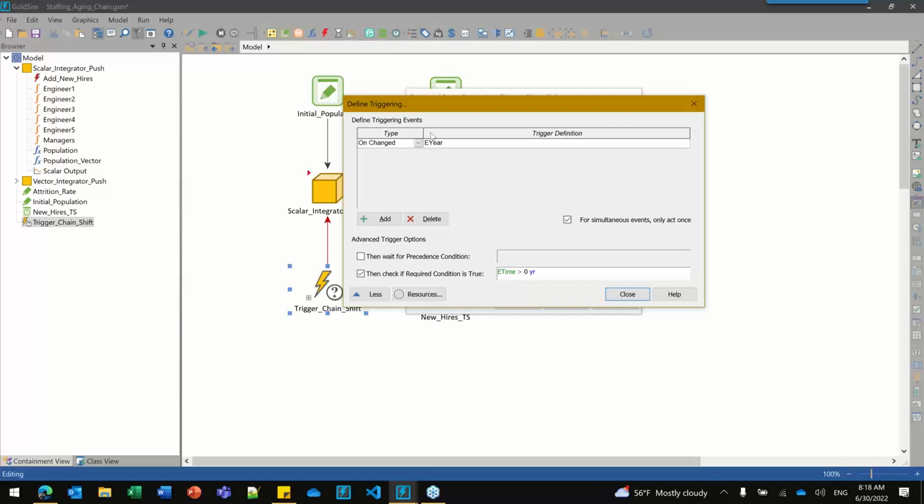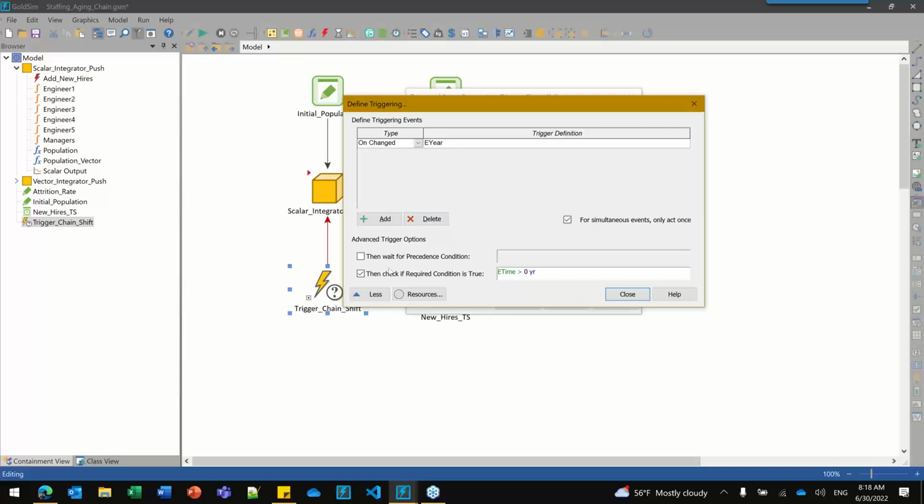Something to consider, by the way, if you're doing it on a calendar basis, then you would probably want to say year to refer to the calendar year on changed year. But in this case also, we don't want to push employees out of their current cohort until after the first year has elapsed of the simulation.